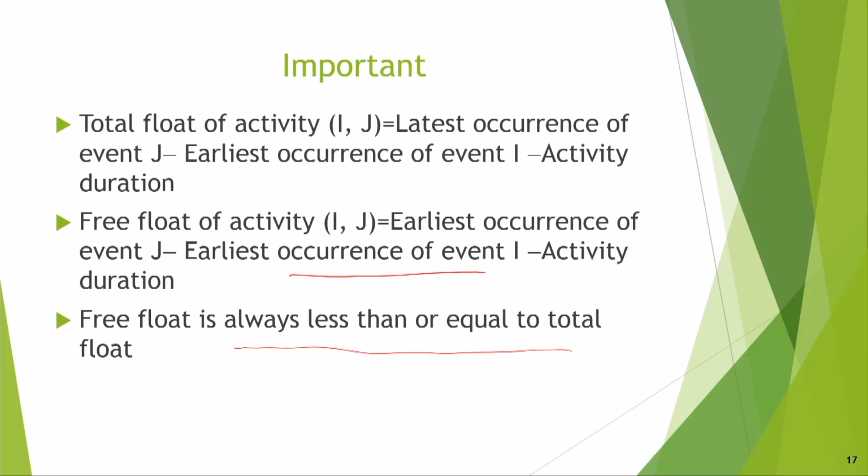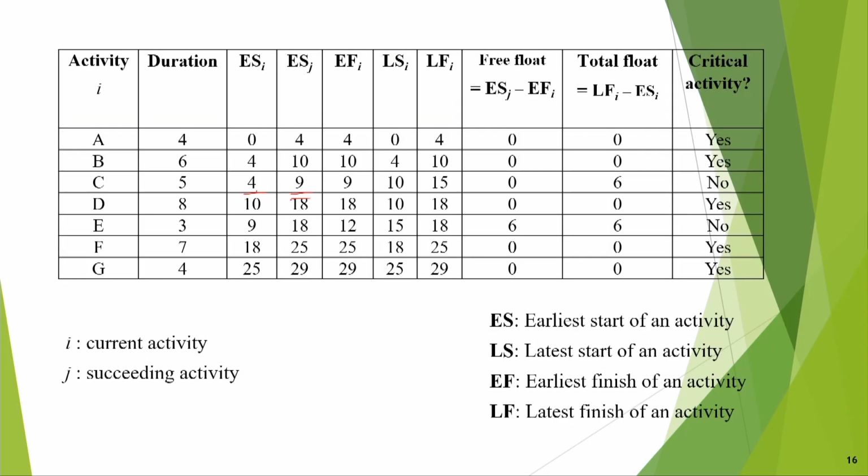Again, I draw your attention to the other activity also. Suppose activity C is there, and its earliest start is 4. Here, total float is 6. Why 6? Because the earliest start is 4 and the latest start is 10.